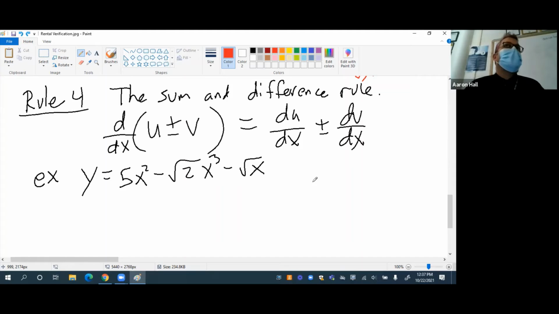Is the second term just the square root of 2, or is it the square root of 2x? What's my constant? The way you wrote the square root is not clear.